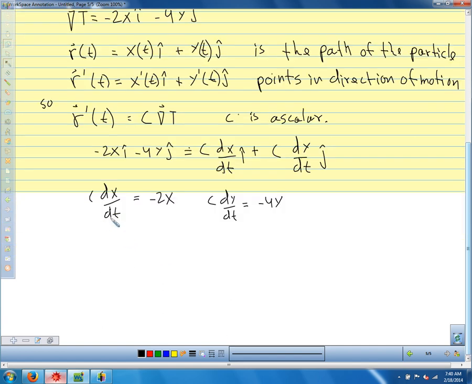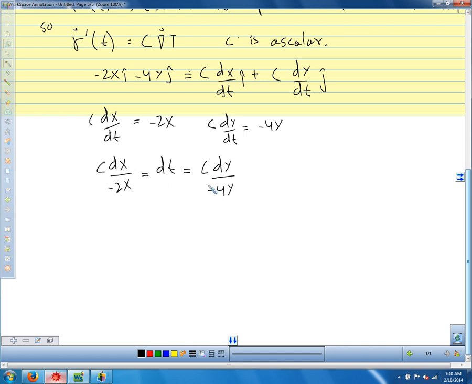I'm going to isolate dt here. So I get c dx over negative 2x equals dt, and dt also equals c dy over negative 4y, and now I'm almost home free.